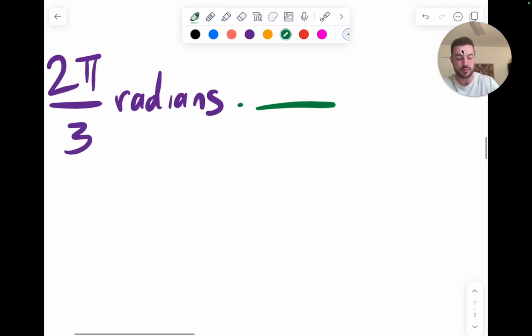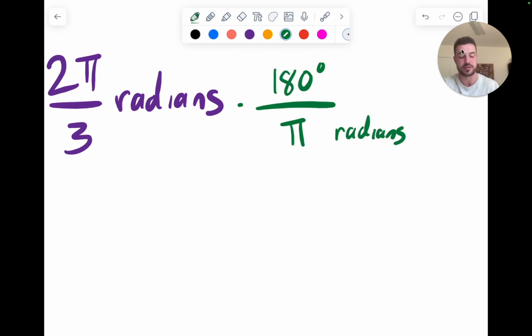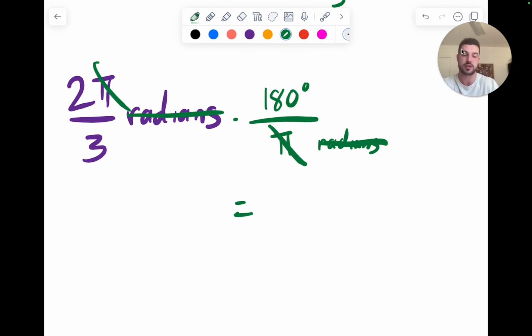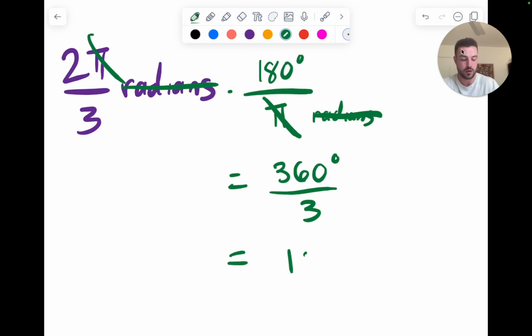So I am going to put pi radians down here, and then I'll put 180 degrees up top. And now our radians will cancel, the pi values will cancel, and we are left with 2 times 180, which is 360 degrees over 3, or 120 degrees.